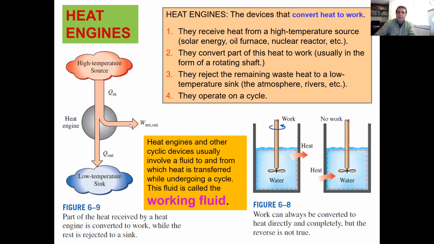So the net work output, the energy coming from the hot source at high temperature, that amount of heat, we call it input energy, goes into the heat engine, and then the work out and Q out, the portion of it goes into the low temperature sink.